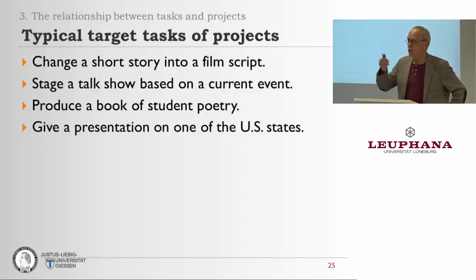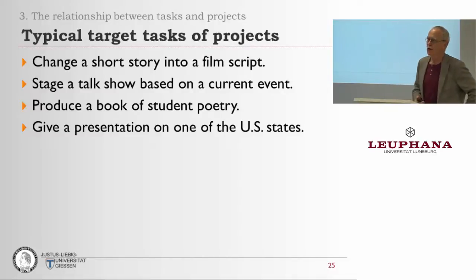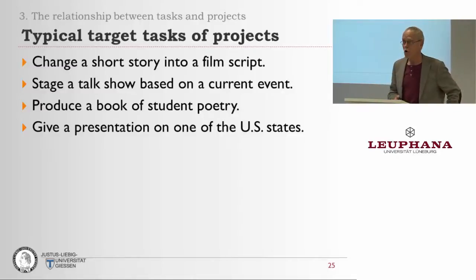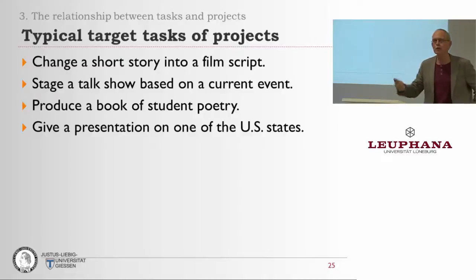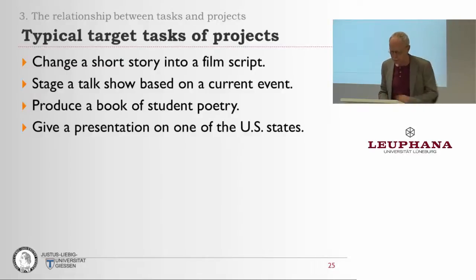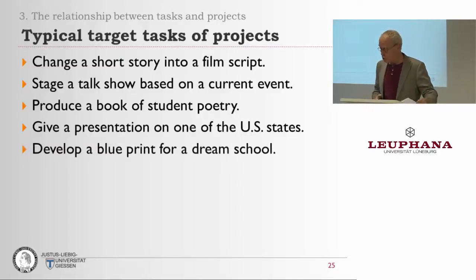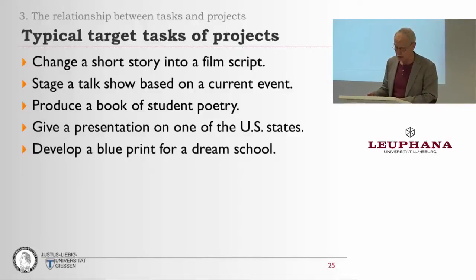Yanis Kaliampos has done this very famous US election project you may have heard about, and he won a prize for it as an outstanding project. Of course, it basically was structured the same way, much more complex, of course, but it had a number of these interesting target tasks. Develop a blueprint for a dream school. Might be a very interesting target task for a project.